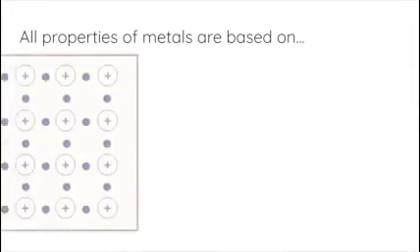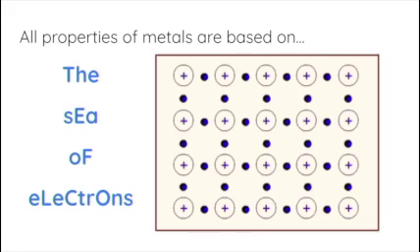So the first thing you need to know about everything metallic is that all these properties are going to be based on the sea of electrons. The easiest way to imagine it is a bunch of positively charged nuclei surrounded by a sea of negative charge, or free-floating electrons.